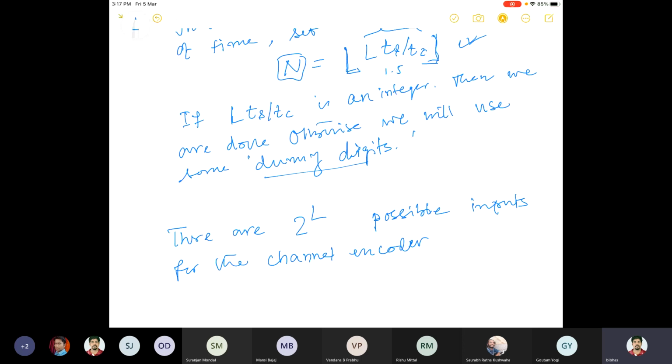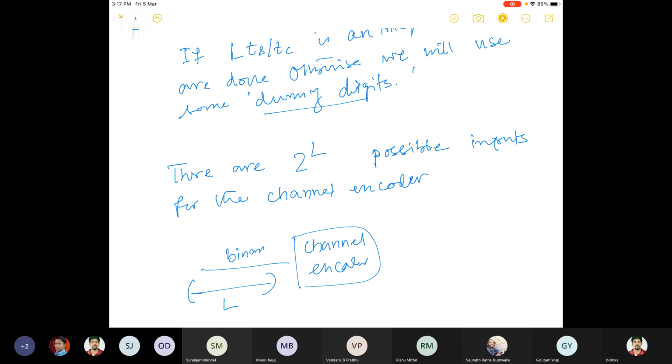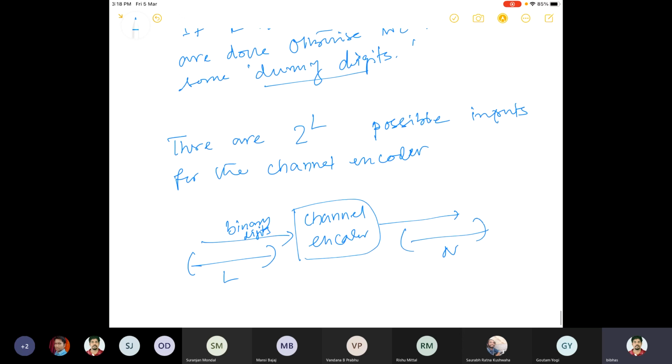So there are 2 to the power L possible inputs for the channel encoder. Say this is my channel encoder, and I'm sending L-length binary digits, and then it will pass through the channel as a sequence of N channel digits.